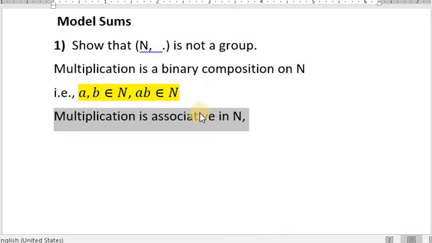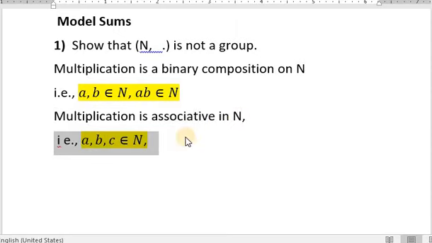Then the second postulate, multiplication is associative in N. So, if you take any three elements a, b, c belongs to N, then (a star b) star c is equal to a star (b star c), where we interchange the brackets.